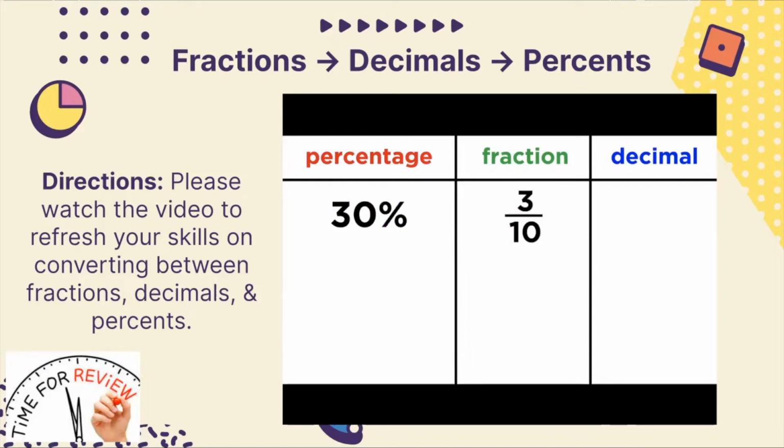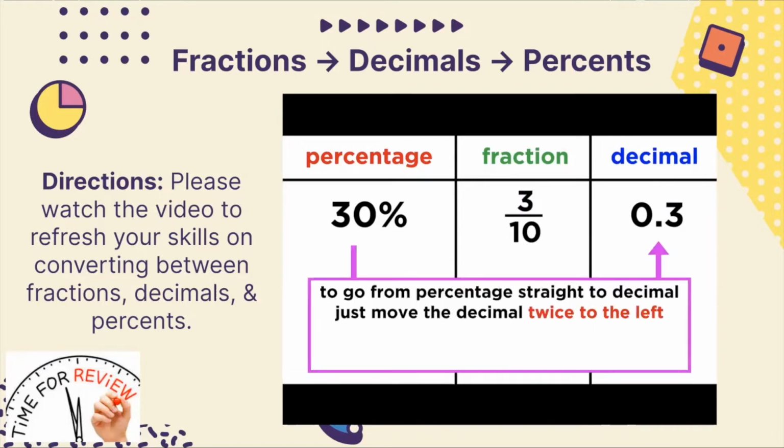Now let's get that as a decimal. Well, we know where the tenths place is. So if we have 3/10, we just need to place a 3 in the tenths place. So 0.3. And there we have 3 different ways of expressing the same value. Here's another hot tip.